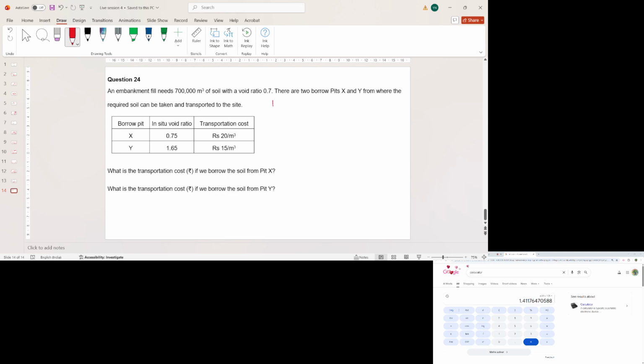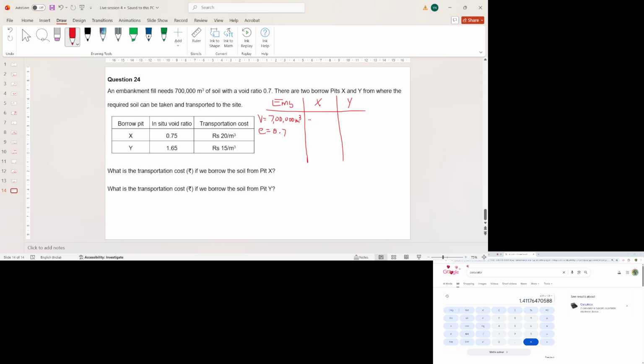One is embankment, borrow pit X, and borrow pit Y. Right. Now, the total volume of embankment is going to be 7 lakh meter cube, and the voids ratio is going to be 0.7.